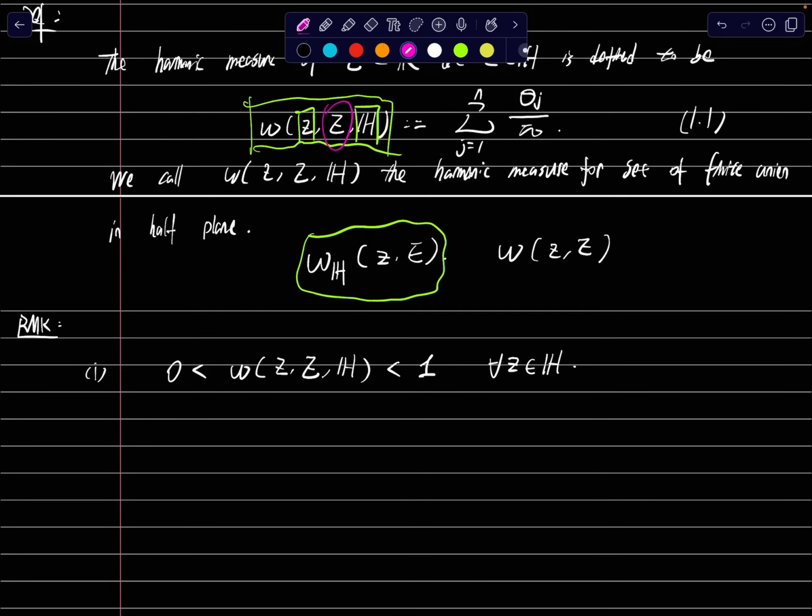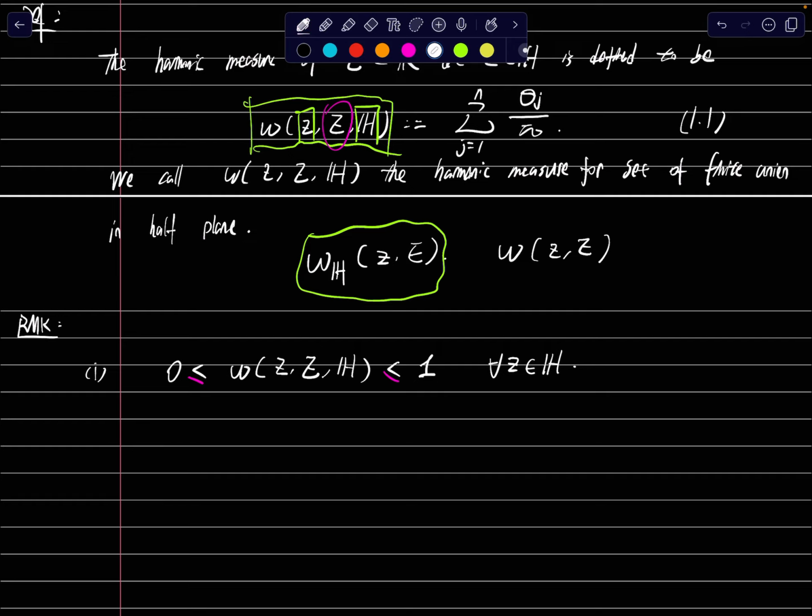So as I said, this harmonic measure is actually a transition density kernel, and one-sided it is a Borel probability measure. But for this harmonic measure to be a Borel probability measure, it has to include both 0 and 1 in its range.